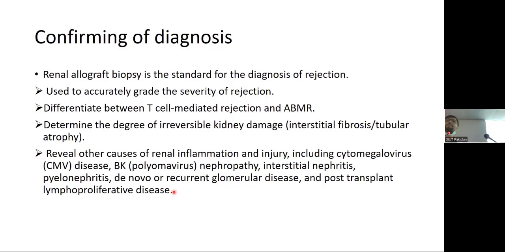You should suspect rejection at the earliest possible time to prevent more destruction of the graft. Delay in suspecting and diagnosing will delay treatment, and they will have more nephron loss. So, a stop in the decline of creatinine will also indicate rejection.